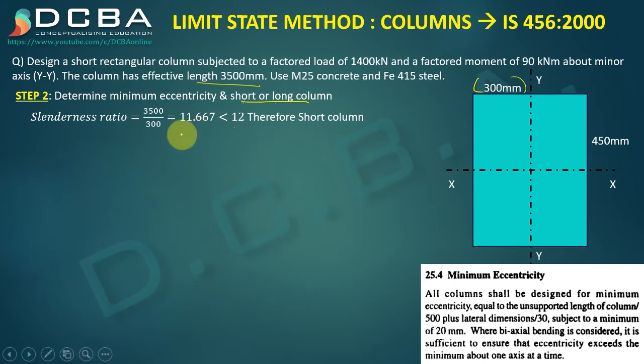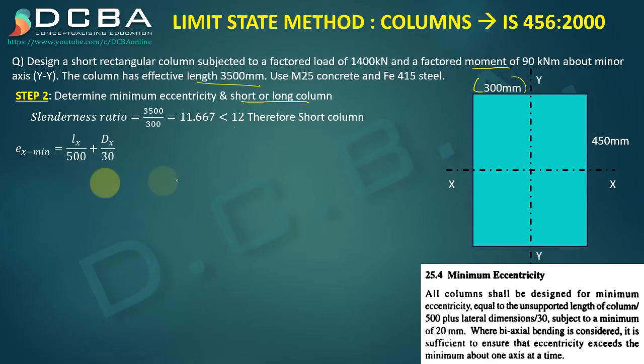Now we need to determine the minimum eccentricity. Although it is given that the column is subjected to a moment about only one axis, that is the minor axis, we have to determine this minimum eccentricity to check whether it is lying within the minimum eccentricity or not, and whether both the axes are undergoing moment or not.